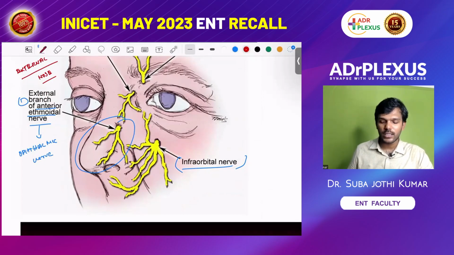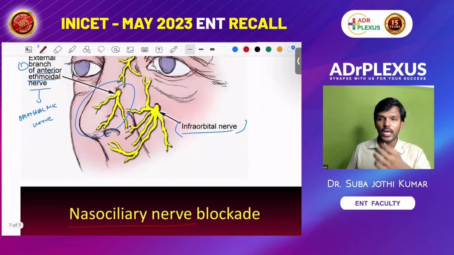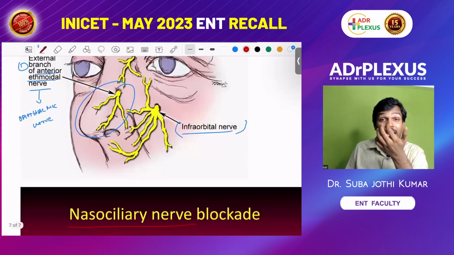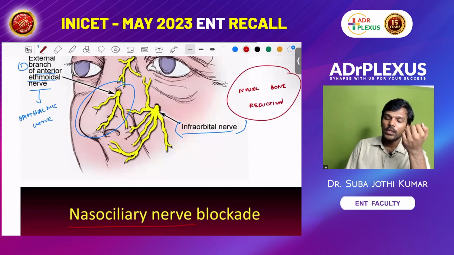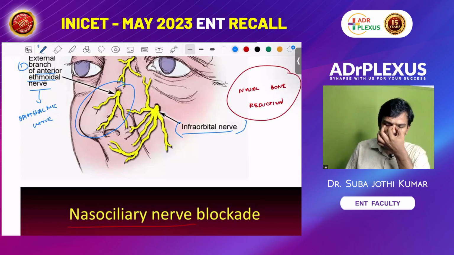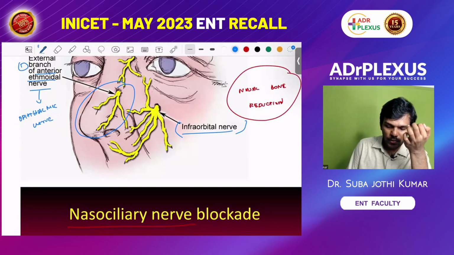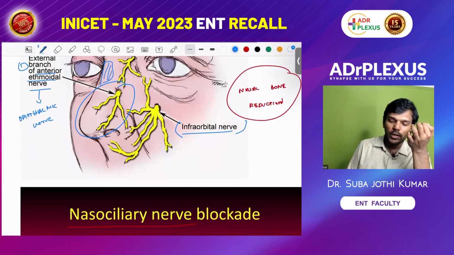The function of this block is, if I have to do a nasal bone reduction, I have fractured the nasal bone over here. So I'm going to introduce my Walsham's forceps.